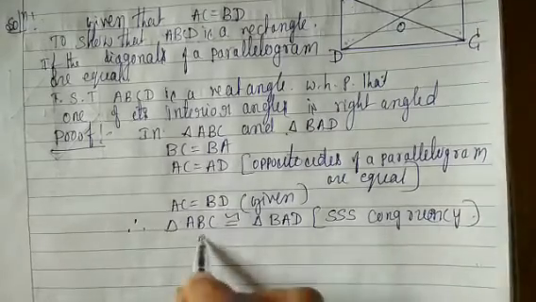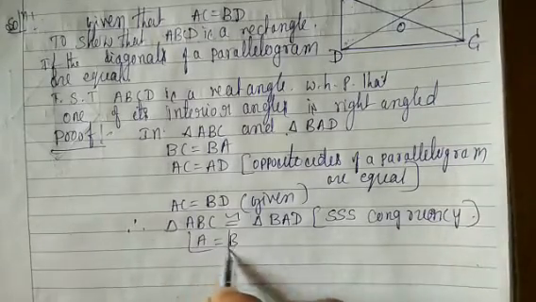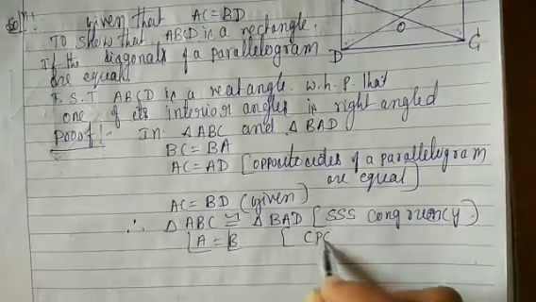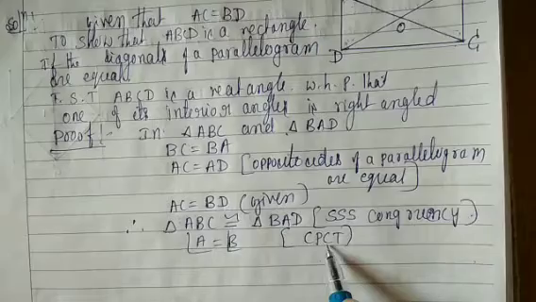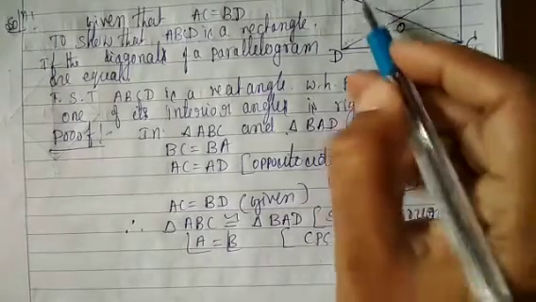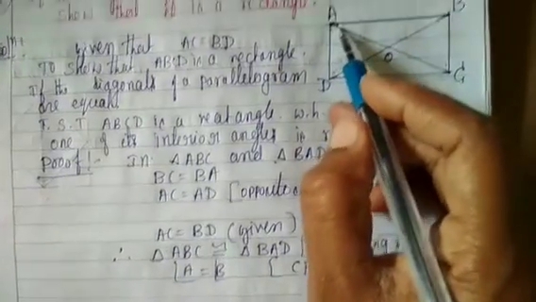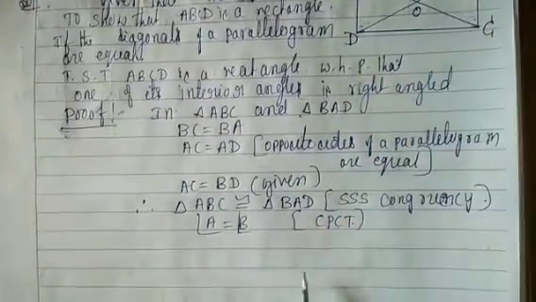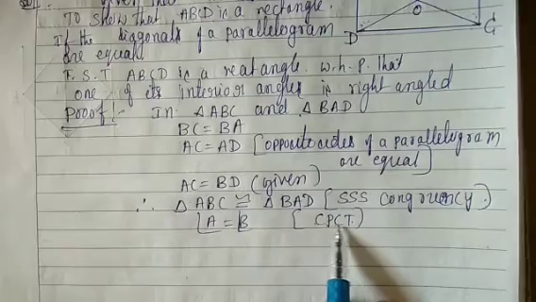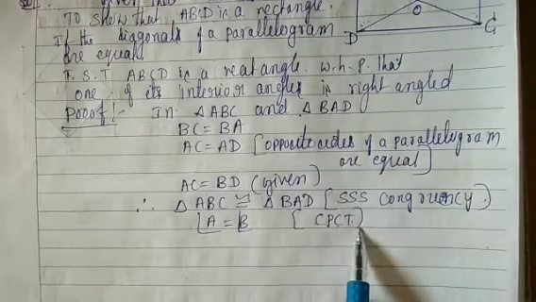Next, angle A is equal to angle B. CPCT means corresponding parts of congruent triangles. Angle A is equal to angle B, corresponding parts of congruent triangles.